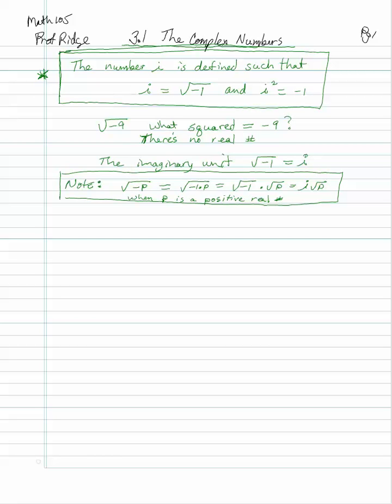The number under the square root has to be positive. So if you have a negative number under a square root, you have to factor out the square root of negative 1, which is i. So you have to do that first. Always do that first. Okay, so let's try a couple examples expressed in terms of i.